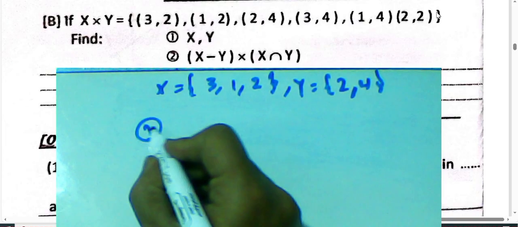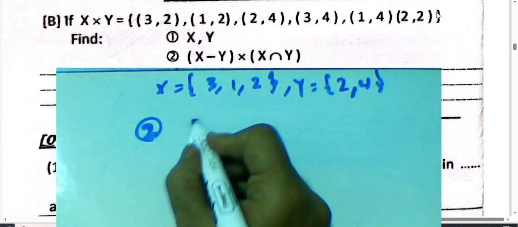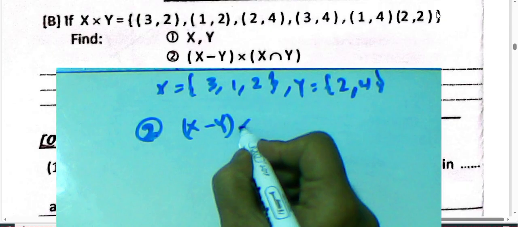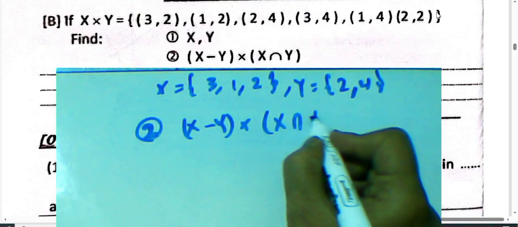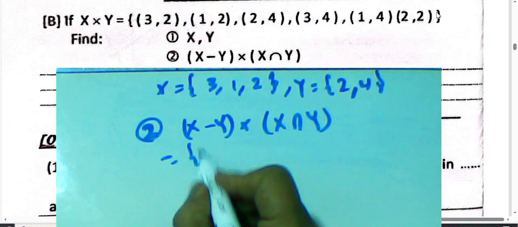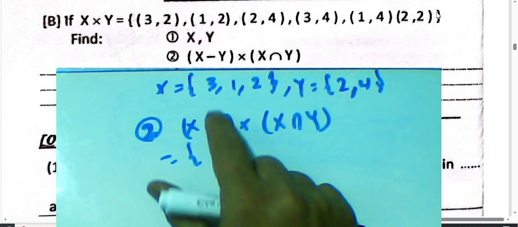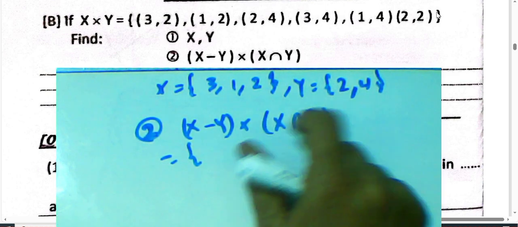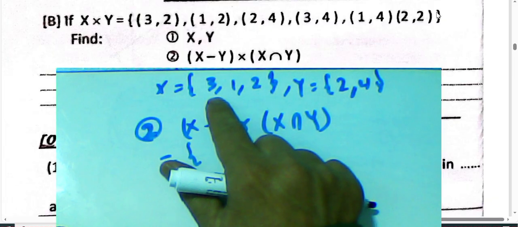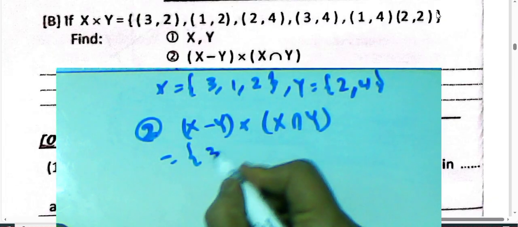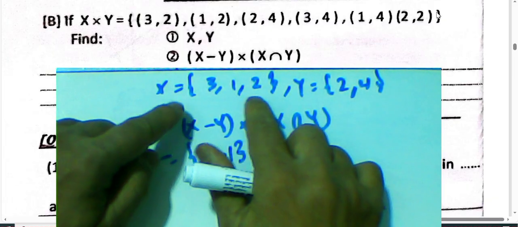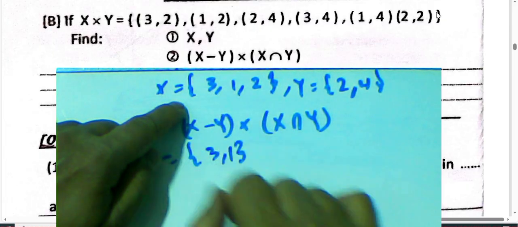Then we have x and y now. Number 2, we can find the difference x minus y, and the Cartesian product, and x intersection y. I can find the difference of x and y here. What's the answer here? Who can tell me the elements in x not belonging to y? 3 and 1. These are the elements belonging to x and not belonging to y: 3 and 1.